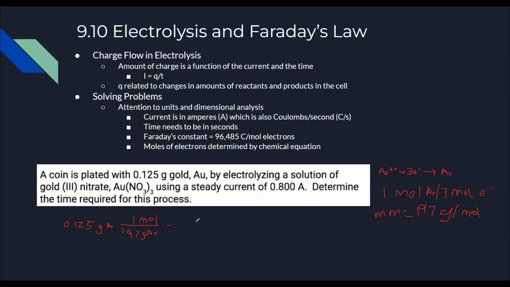For this reaction, you have 1 mole Au to 3 moles of electrons. And 1 mole of e minus is also 96,485 coulombs.